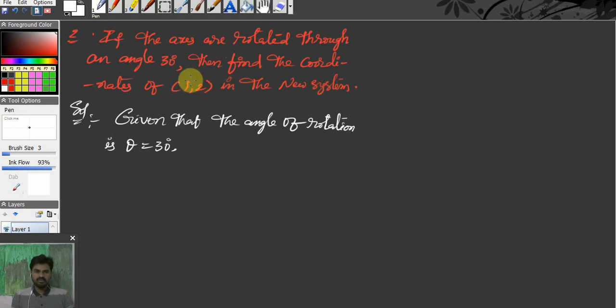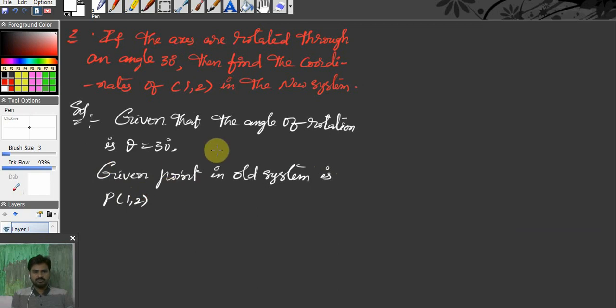That means the given point is in the old system. So you have to write here: given point in world system. What is that? P(1, 2). So it is the given point in the world system. That's why we can take in terms of small x and small y, that is equal to 1, 2.